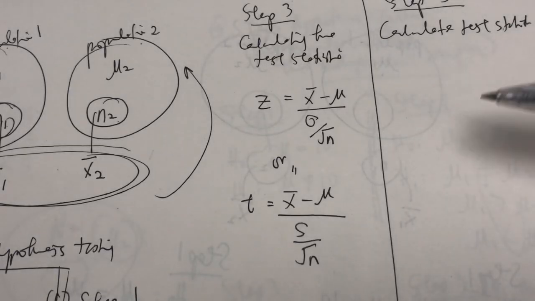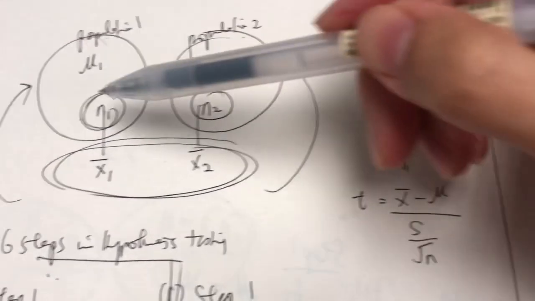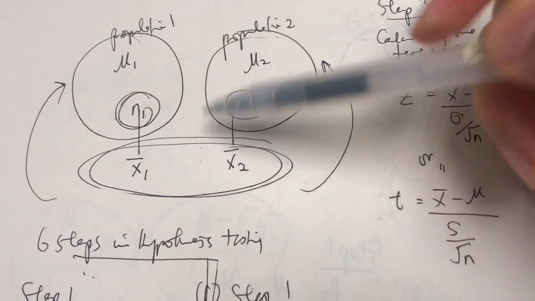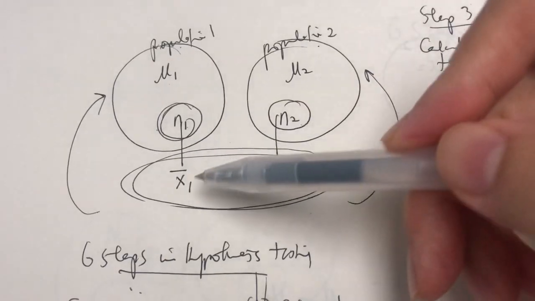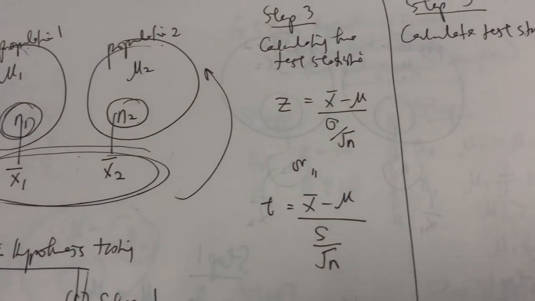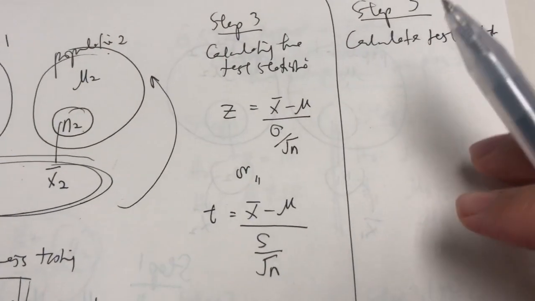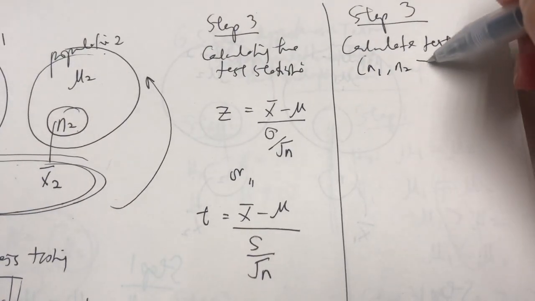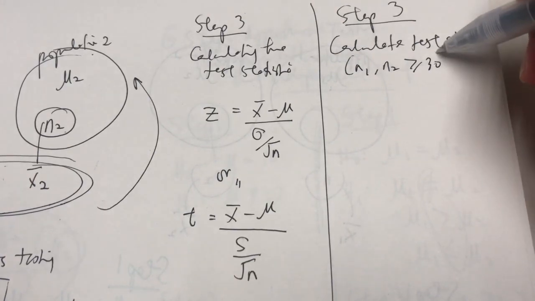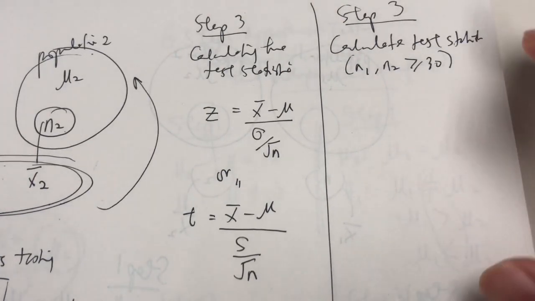In the case of 2 samples, if both samples are large, we use Z. But if both samples are small, it's another test, which we will learn in another video. So today we're just going to focus on the case where both N1 and N2 are large, and normally we have the population standard deviation.